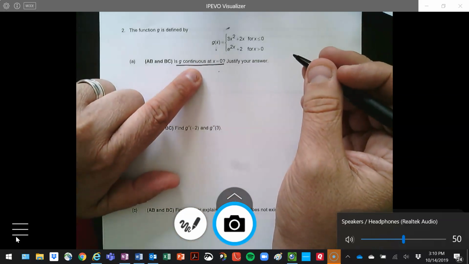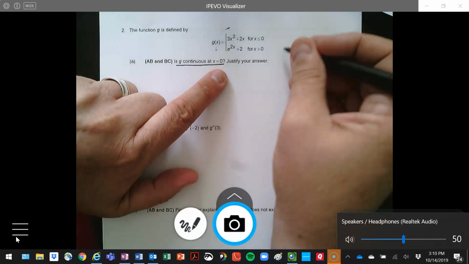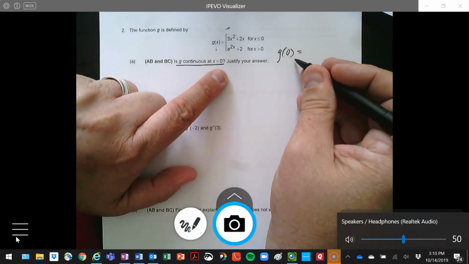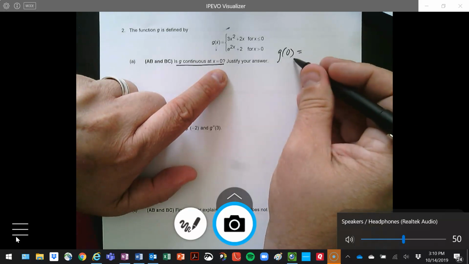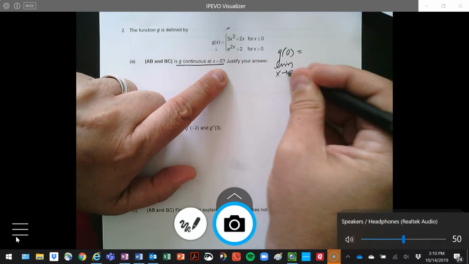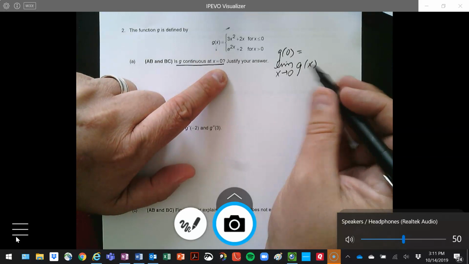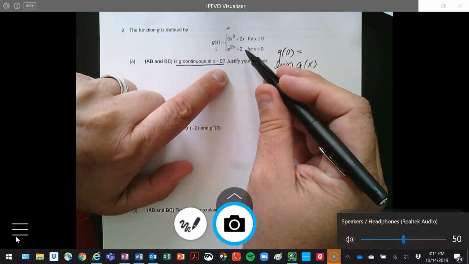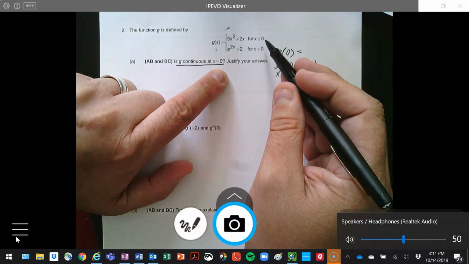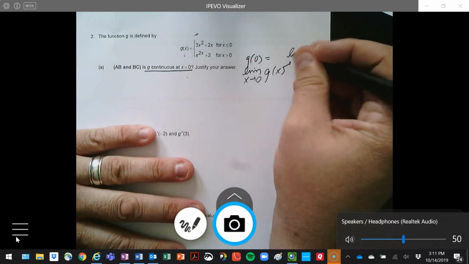If you want to demonstrate continuity of a function at a point, you need to find the value of the function at that point, and notation is going to be really important here. You're going to have to evaluate the value of the limit at that point, and because our piecewise function is defined differently on the left and on the right of 0, this computation is actually two pieces.